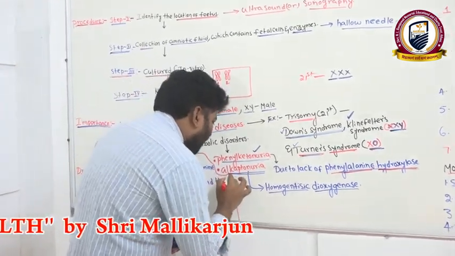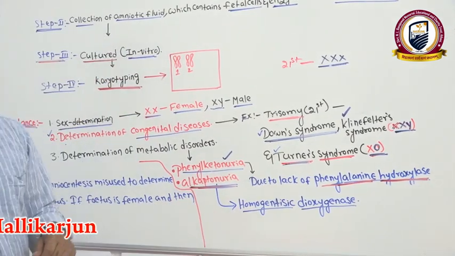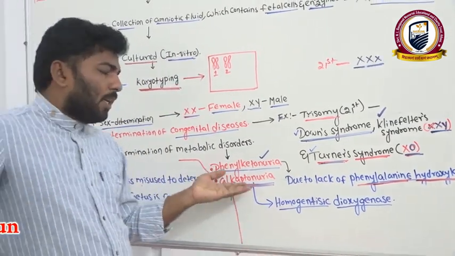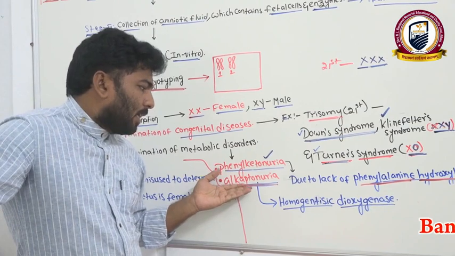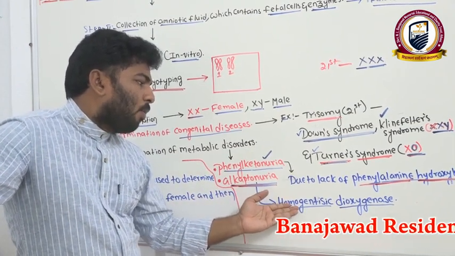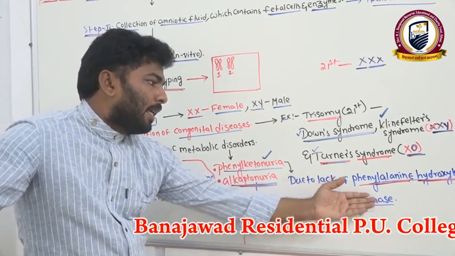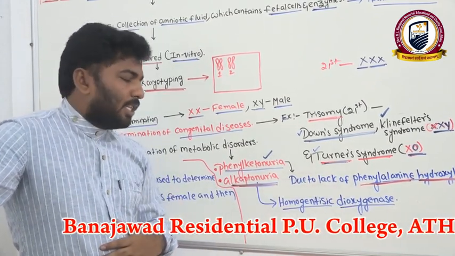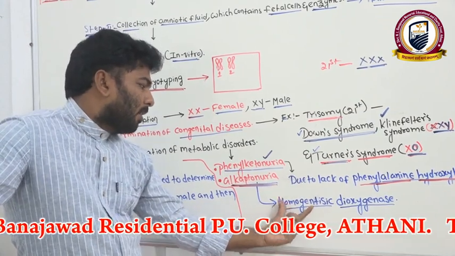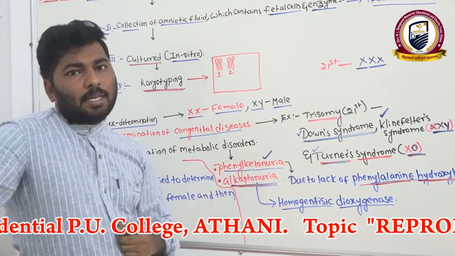Okay, now finally one more metabolic disorder is alkaptonuria. Alkaptonuria is also one of the disorders. In this case, alkaptonuria is caused in the baby because of lack of the homogentisate dioxygenase enzyme. Due to lack of this enzyme, the baby will get the metabolic disorder.